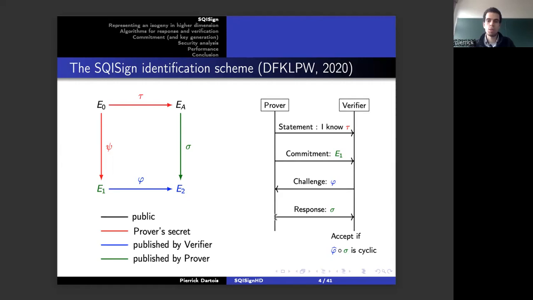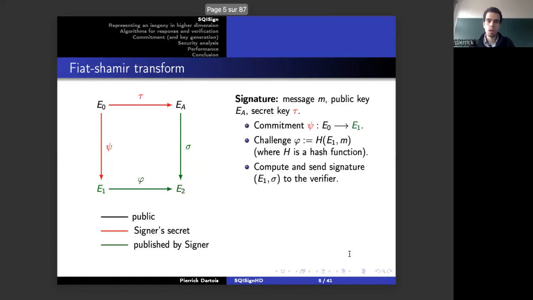So the verifier will just accept this response sigma if he's sure that the prover has not cheated, meaning if the precomposition of phi dual with sigma is cyclic. So we transform this scheme into a digital signature with the Fiat-Shamir transform.